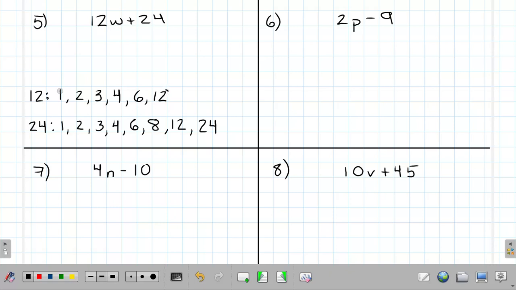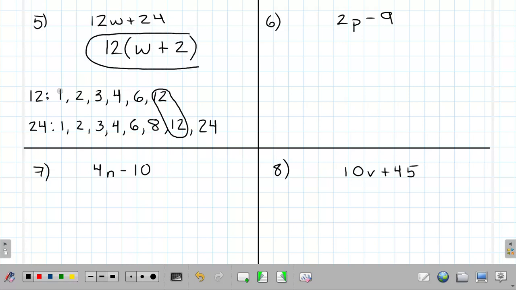But we see both of them have in common a factor of 12. So the greatest common factor is 12, so we take a 12 out, meaning 12w divided by 12 leaves us the 1w, plus 24 divided by 12 leaves us with 2. So that's our final factored answer, which is 12 times, in parentheses, w plus 2.